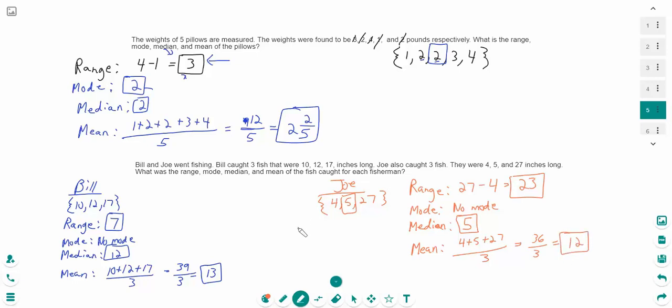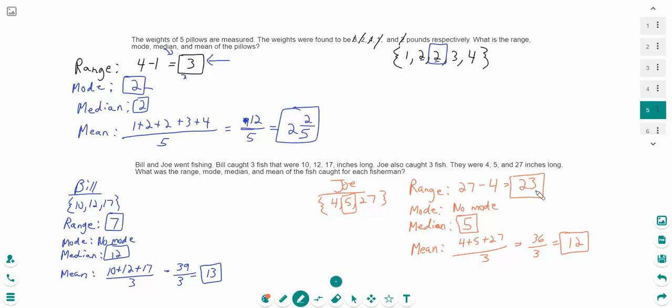All right, so there we go. We've given them everything they've wanted to know, but let's just take a minute and compare these two. So if we look at Bill's range, it's 7, which isn't too large of a number. If we look at Joe's range, it's huge. It's a 23. So that would mean that Joe's data is probably not the greatest data to indicate what he normally would catch.